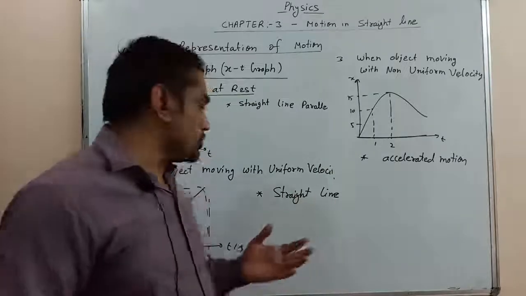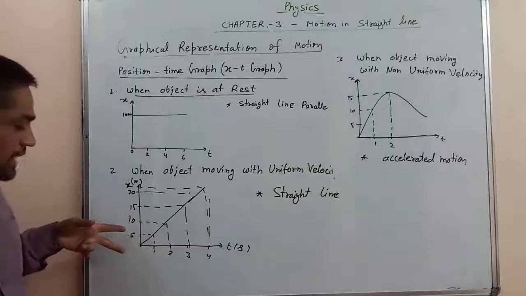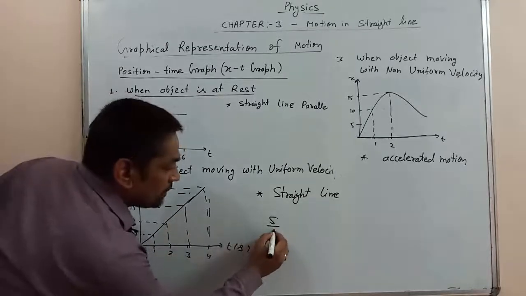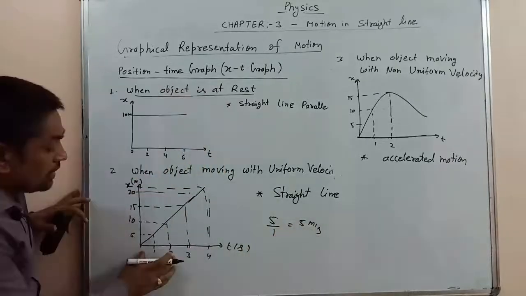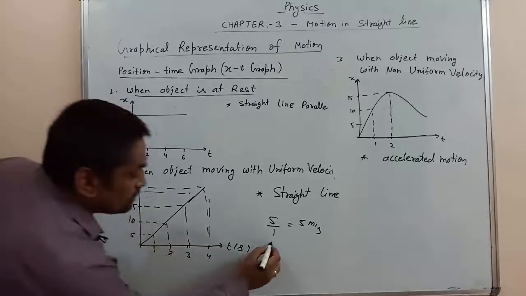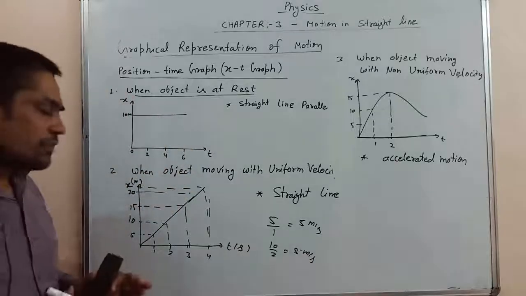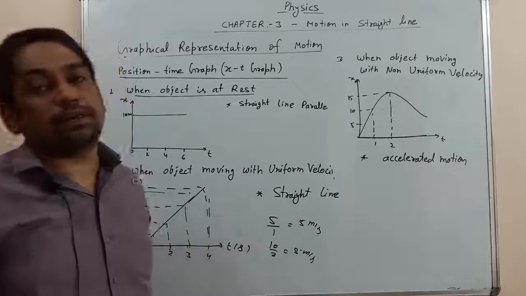Here the velocity is the same every time, because velocity is displacement upon time. The displacement is 5 upon time 1, so the velocity is 5 meters per second. In 2 seconds the displacement is 10, so 10 upon 2 is 5 meters per second. Everywhere we calculate the velocity, displacement upon time, it always remains 5 meters per second.